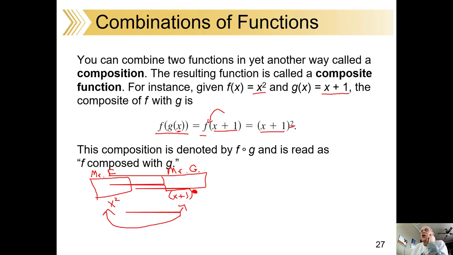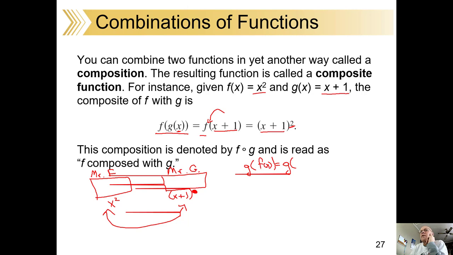So this is called a composition of functions, and order does matter. Now, just for the fun of it, I'm going to write the other one, because we could take them in the opposite order. You always start from the inside, so we're going to let G take his coffee break.